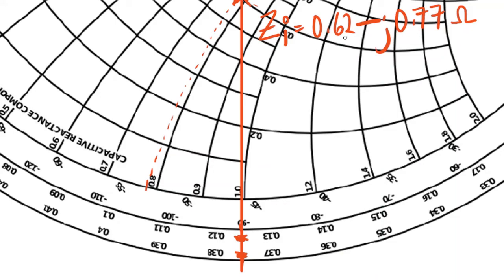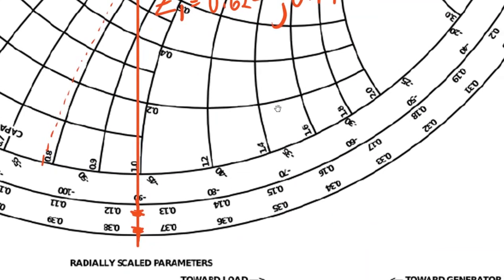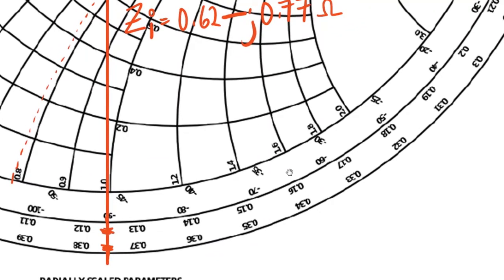So, we found that the input impedance is 0.62 minus j0.77. Now, this is not the actual input impedance because it is normalized. Earlier, we divided by 50 to normalize our load impedance.